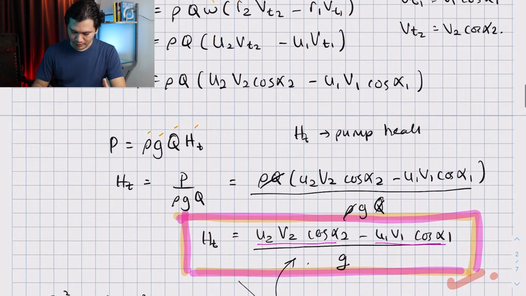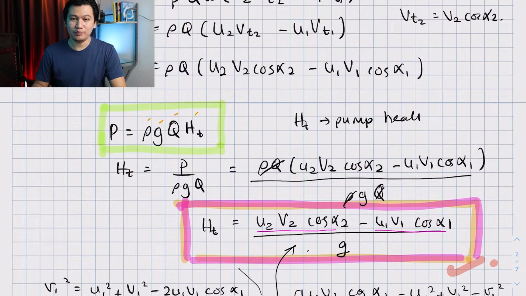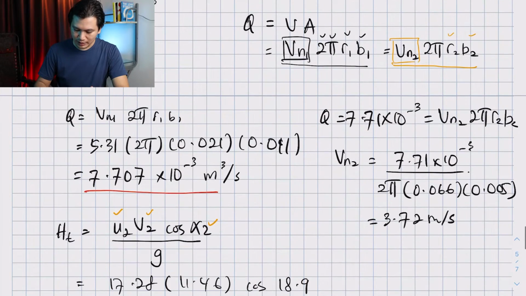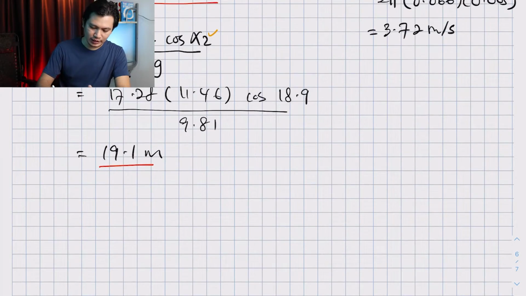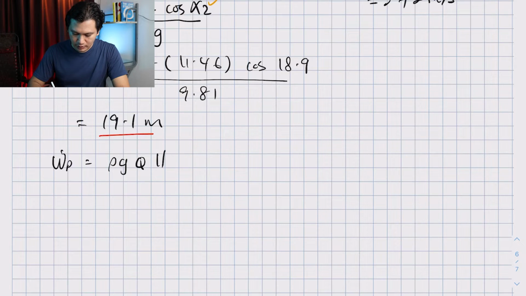I believe we have it somewhere here, and this is the equation we were looking for, except this time we are using W dot P. So W dot P is equal to rho g Q HT, and fortunately for us, we know rho, g, Q and also HT. So what's left to do is just plug everything into the equation, and we are done for this question.